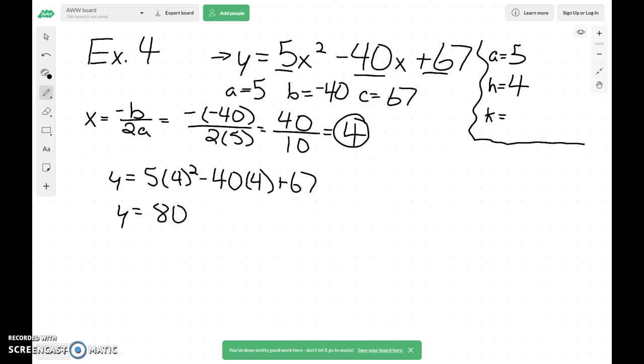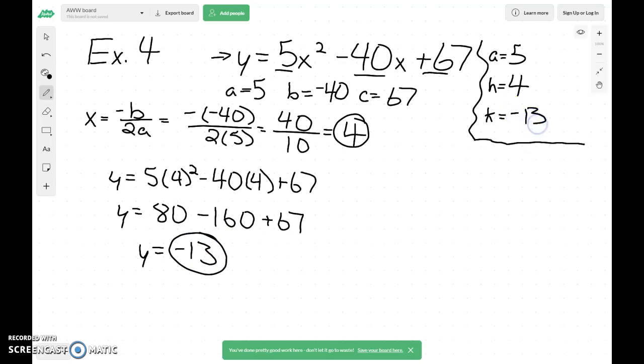Negative 40 times 4 is going to give me negative 160. And then I'm going to have 67 tacked on to the end, plus 67 on the end. So when I add and subtract these numbers, 80 minus 160 is going to be negative 80. And then negative 80 plus 67 is going to give me negative 13. So I should get negative 13 as my final answer for my y value. Therefore, I can identify my k value as negative 13.